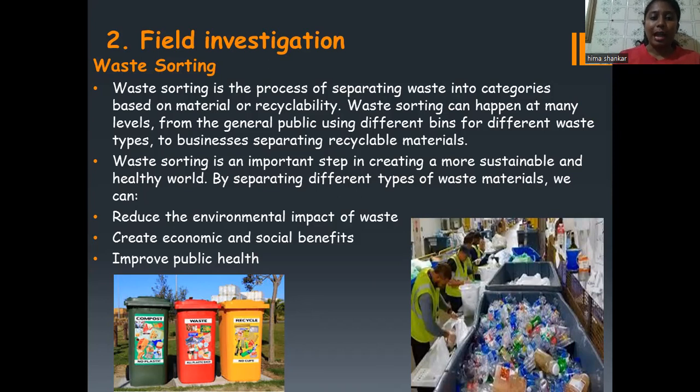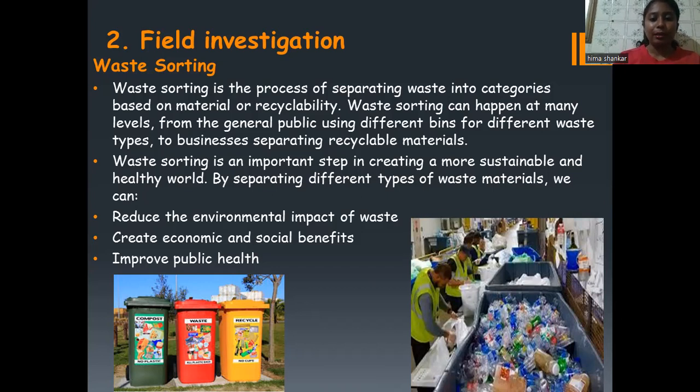Waste sorting can happen at many levels, from the general public using different bins for different waste types to businesses. So the waste segregation should start from the first level. In the sense that we should keep different bins for different types of waste: for metals, for plastics, for compostable waste, reusable waste, etc. Waste sorting is an important step in creating a more sustainable and healthy environment.